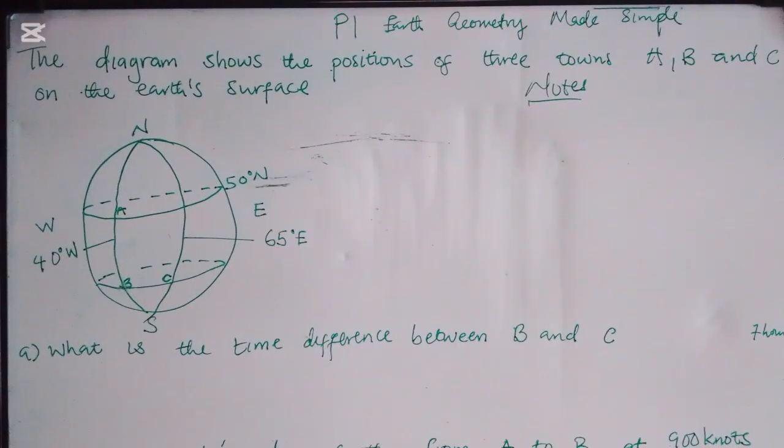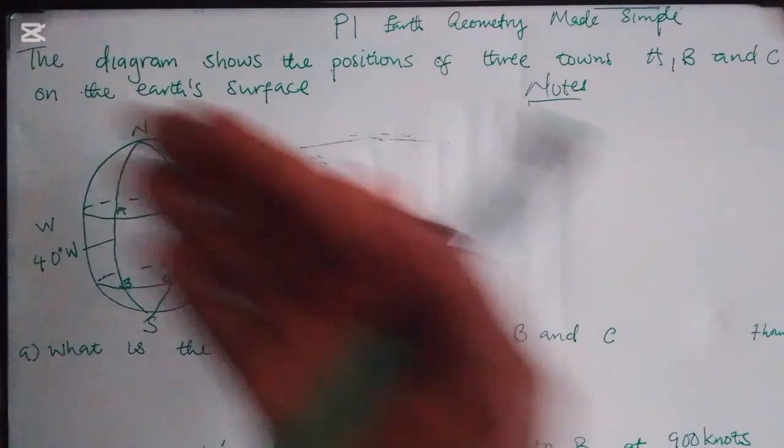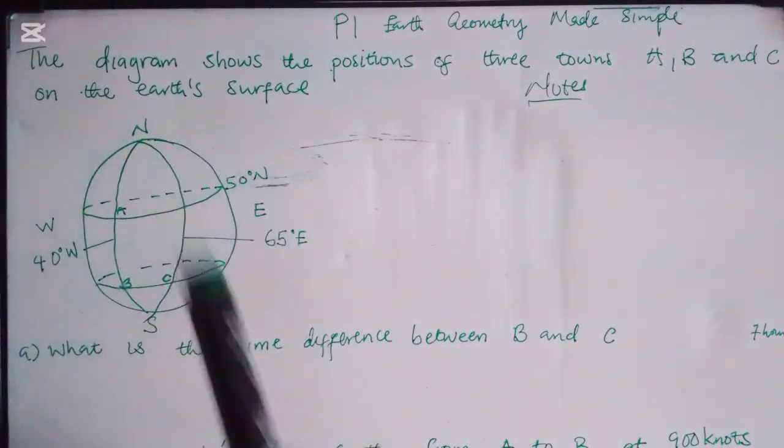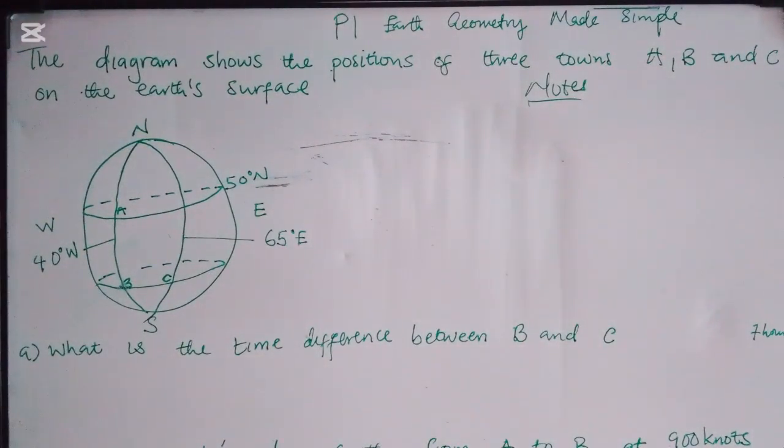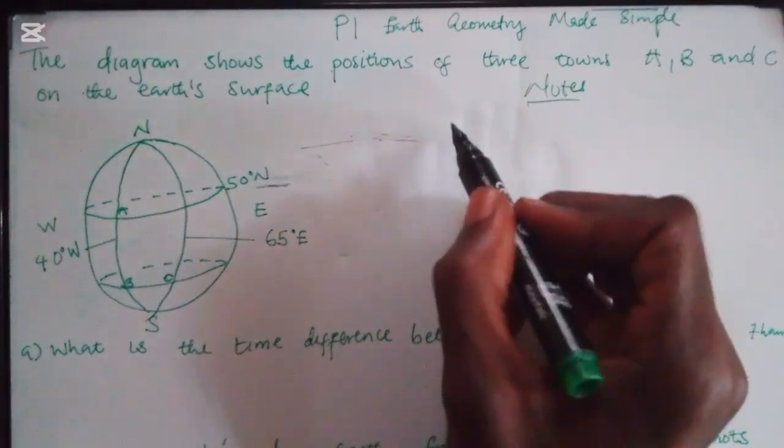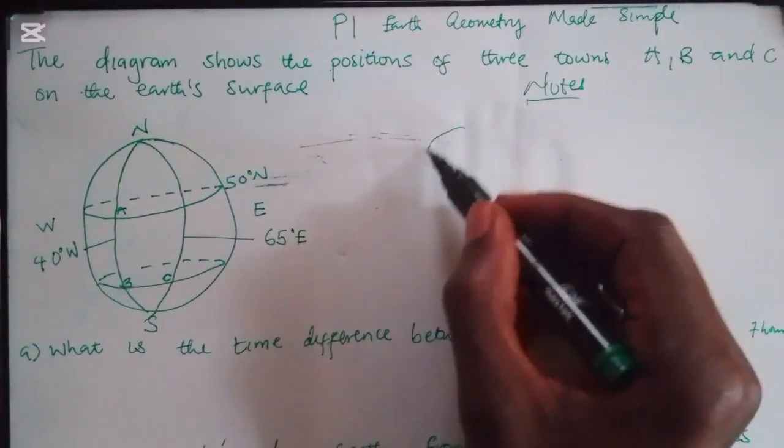There are basically a few things which you need to know under Earth geometry. The first thing you need to know is, what does this diagram represent? You can see that it has 2 lines.